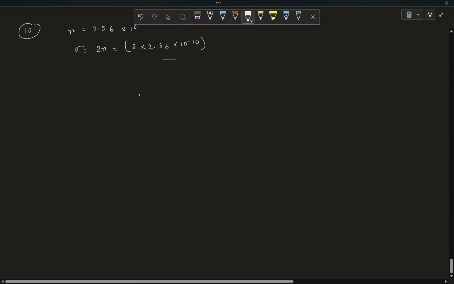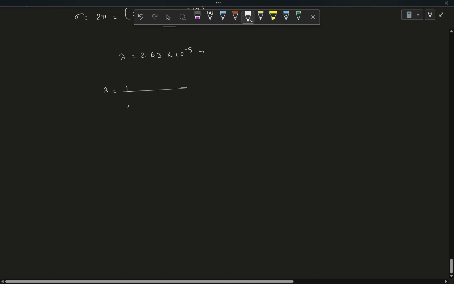So this is this. And then your lambda value is given as 2.63 into 10 to the power of minus 5 meter. So then you know that lambda is equal to 1 by root over 2 pi sigma squared n, same formula.